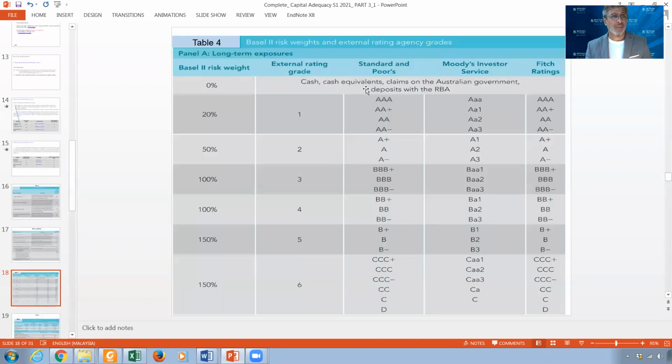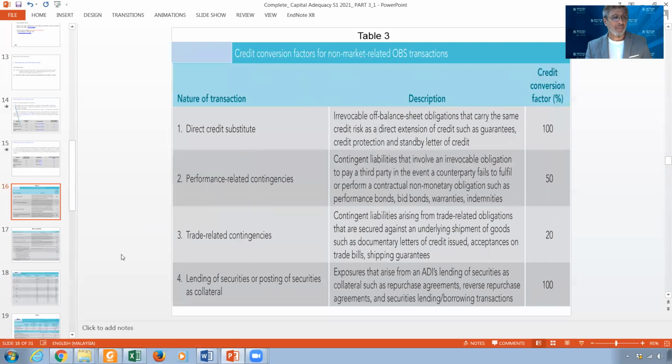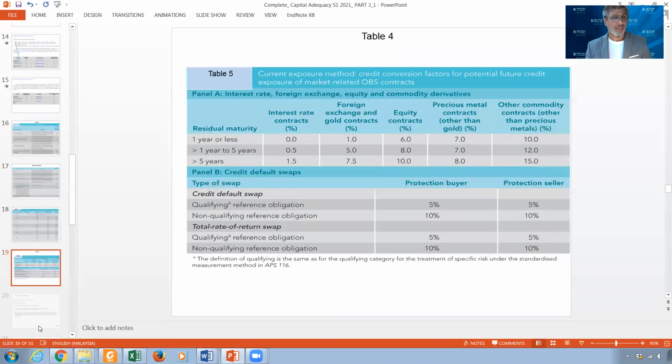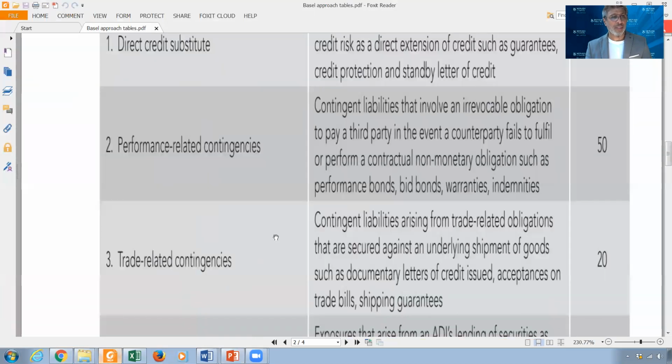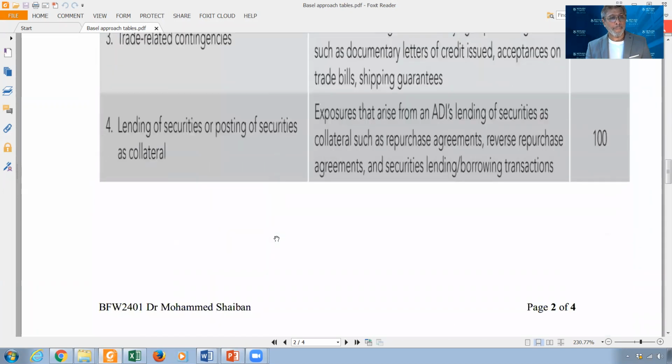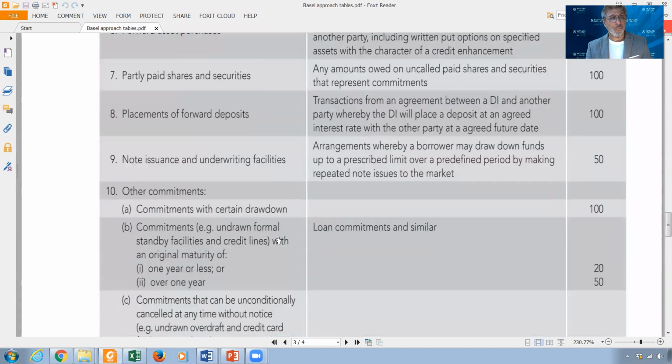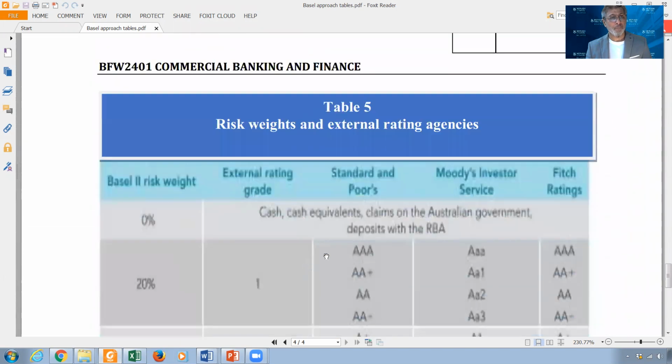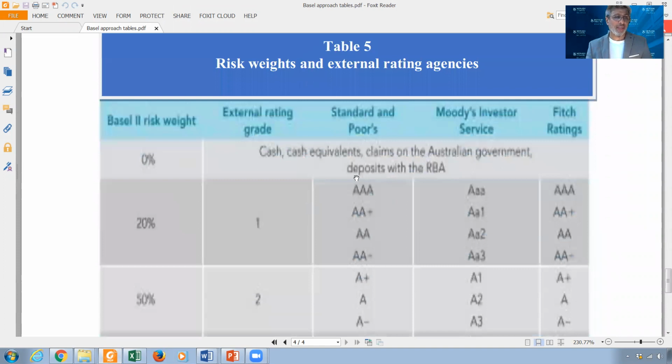You can see I put it as table 4, but in the tables that you will use always, we call it table 5. But anyway, it's for the risk weights. So I will keep using just those tables. So on table 5, this is the tables that will be given to you in the exam.